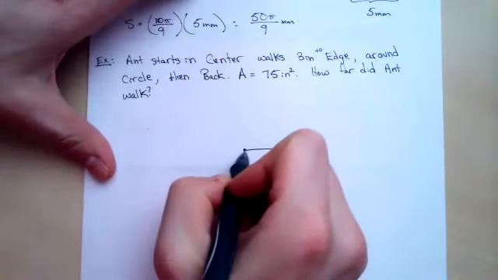So he's going to start at the center. He's actually going to walk out 3 inches. He's going to walk around the circle some amount. We're not sure how far. Sorry, my circle is terrible.